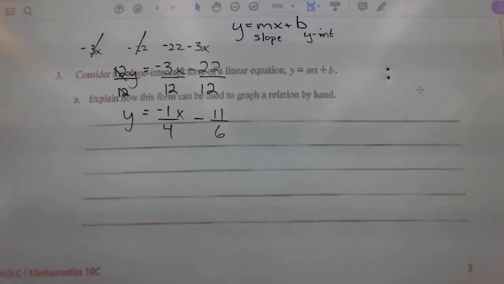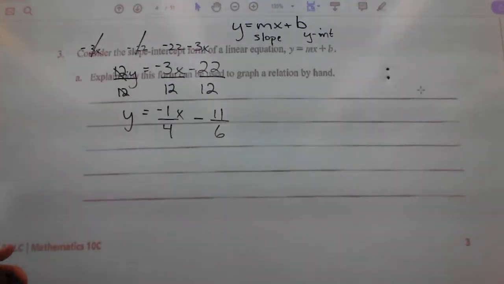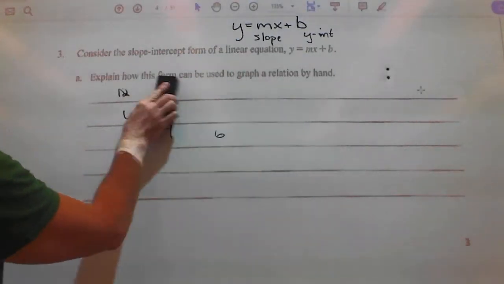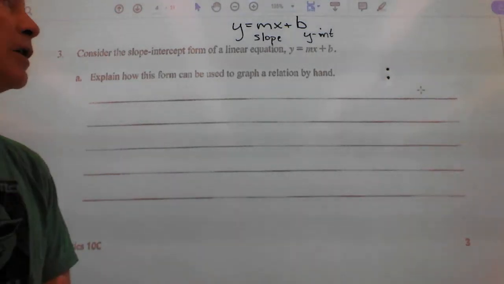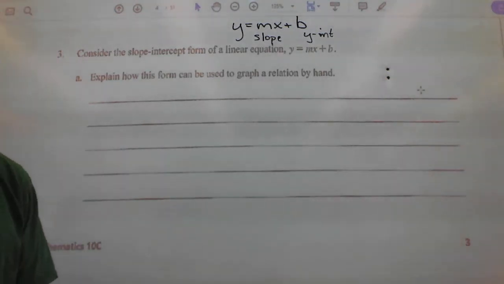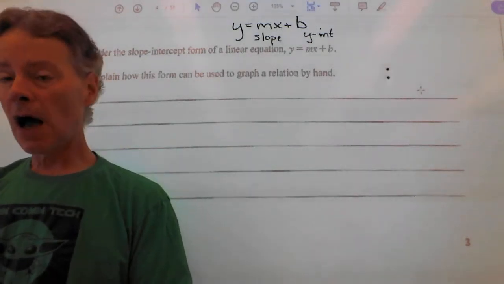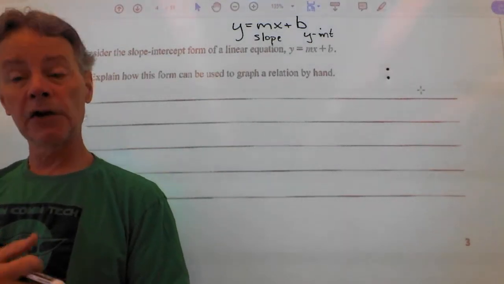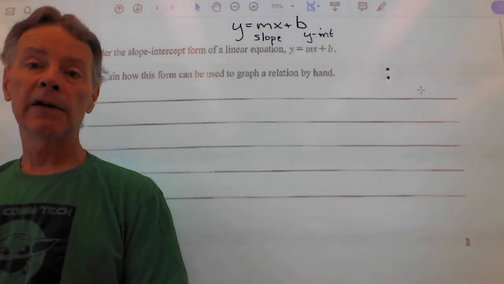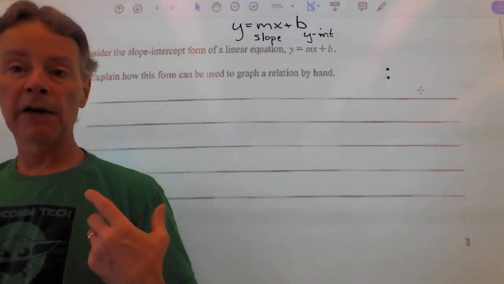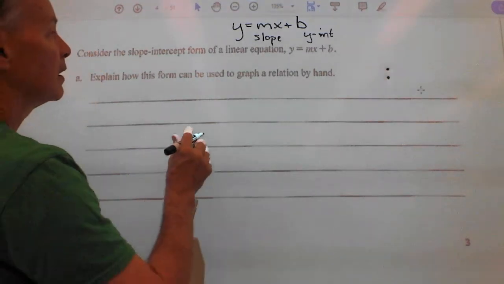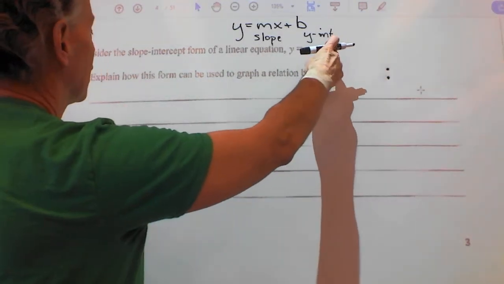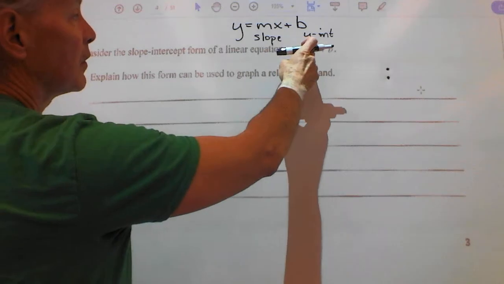Number 3. Consider the slope-intercept form of a linear relation y equals mx plus b. Explain how this form can be used to graph a relation by hand. So this is kind of like question number 1, in that we can take advantage of the fact that we know the y-intercept, right? The y-intercept is our b value, and we know the slope.